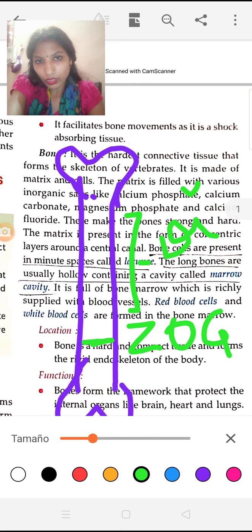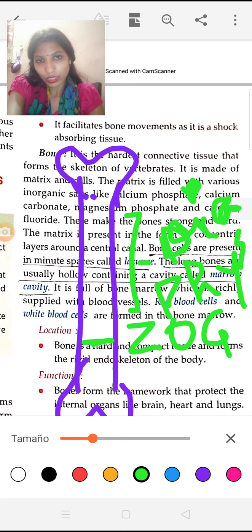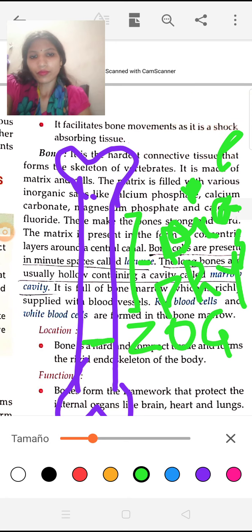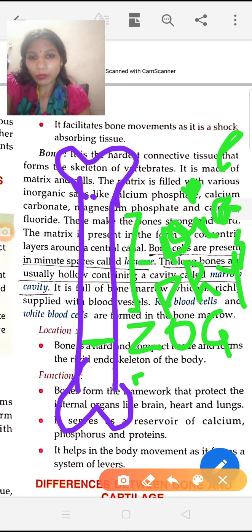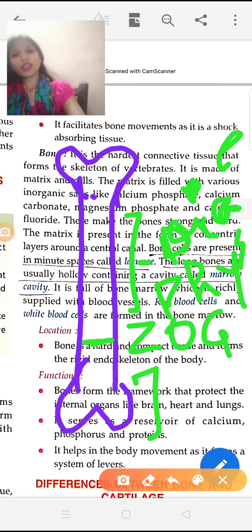Diaphysis, D-I-A-P-H-Y-S-E-S, and this portion is known as the epiphysis.